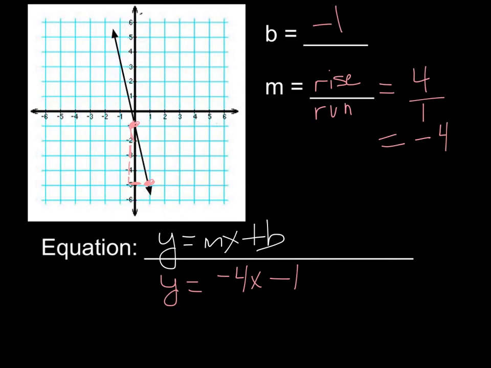When you substitute it in, you may have had something like -4x plus a -1 because our y-intercept was -1. And either one of these forms would be fine. Either that one or this one would be acceptable.